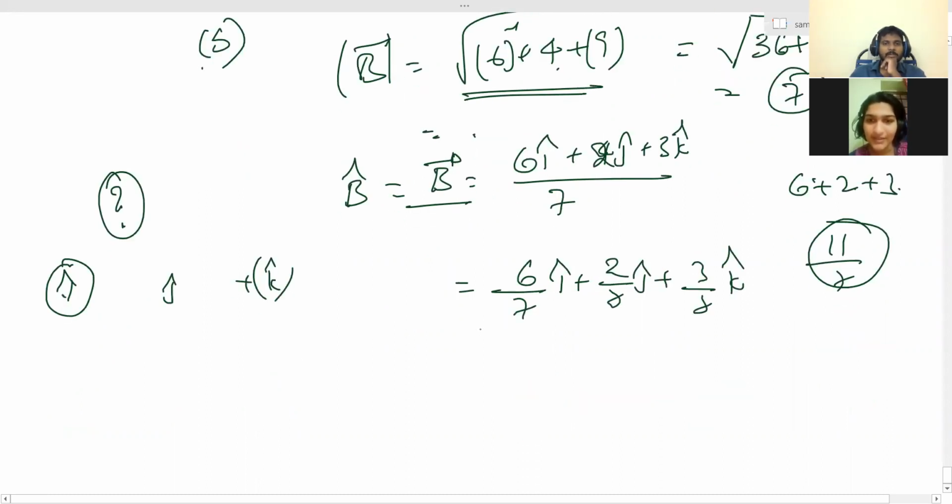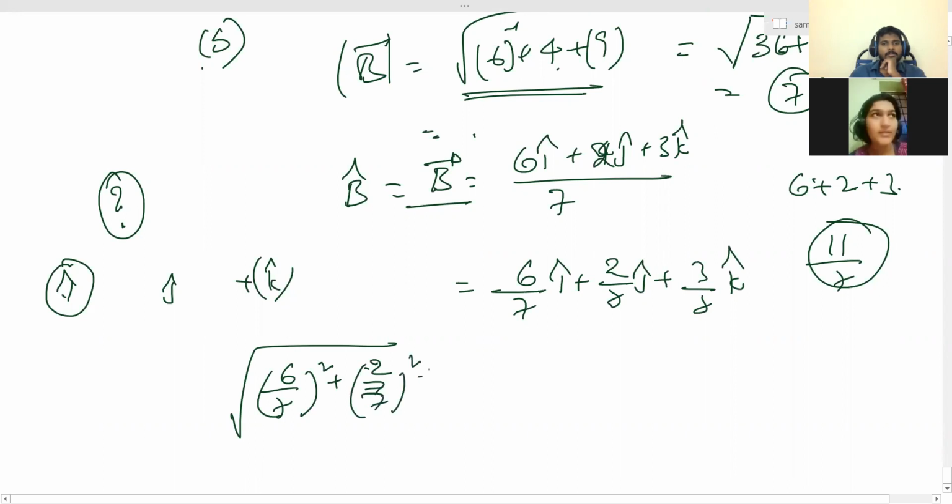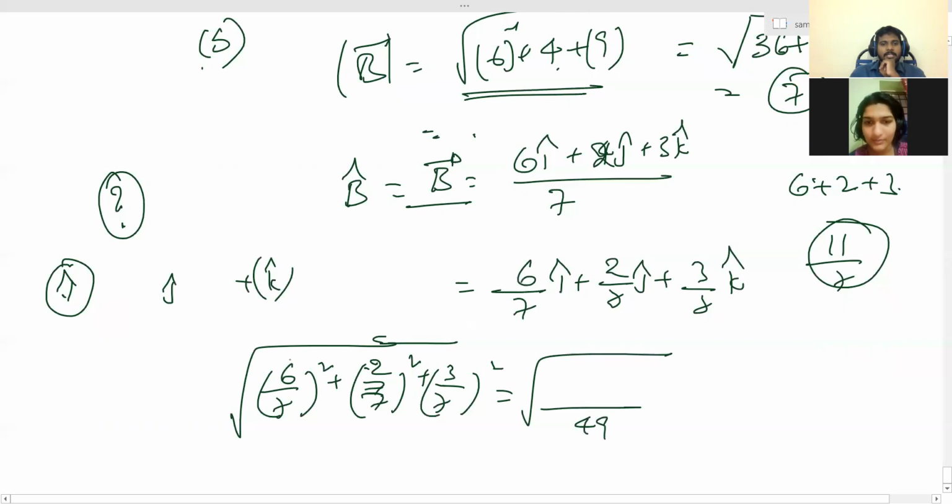Now carefully observe, the x component is 6 by 7, whole square, right? Y component is 2 by 7 whole square. Z component is 3 by 7 whole square, right? Yes, sir. The answer is root over 7 square is common, that is 49. Numerator is 36 plus 4 plus 9, so this will become 49. 49 by 49 will become 1, right?